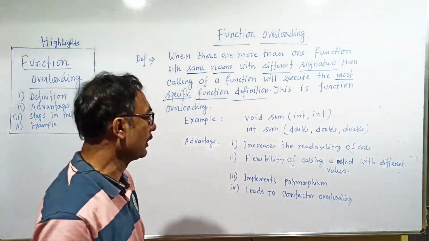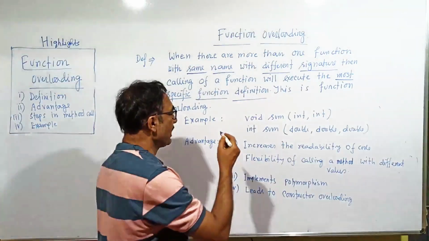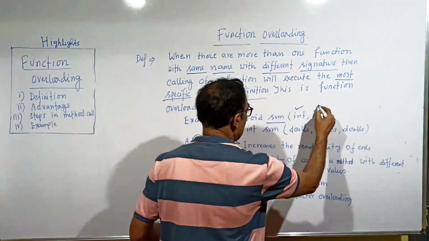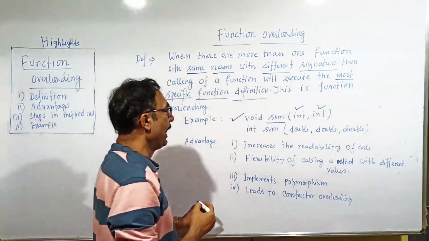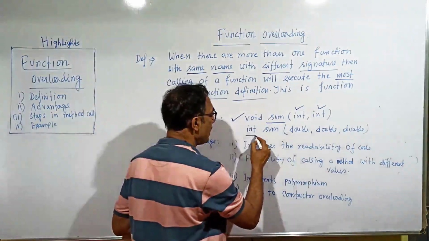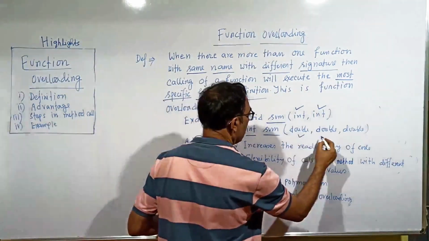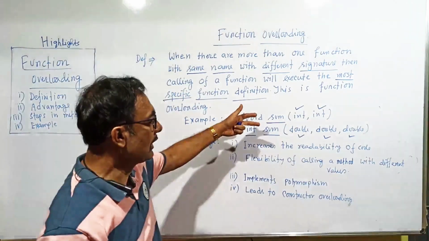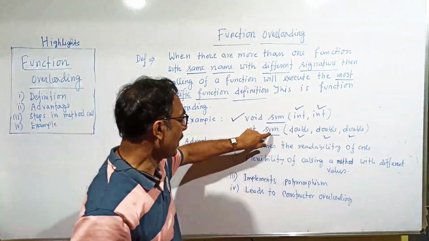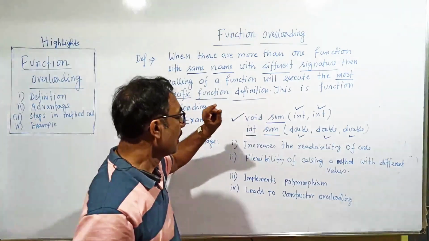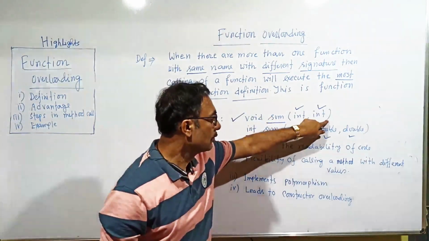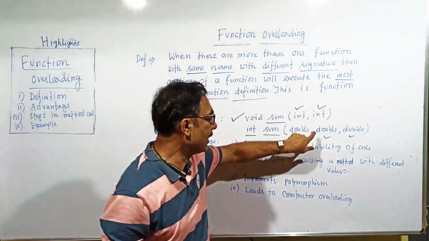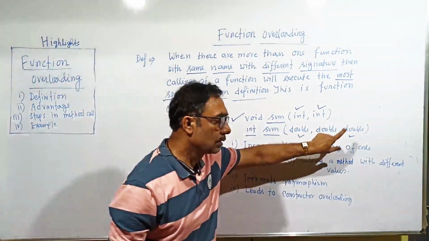What is an example of function overloading? We have given just an example. We have a method void sum with two parameters int, and another one is int sum with double. If you see the example, the two functions have the same name, but their function signatures are different. One is int, another one is double.